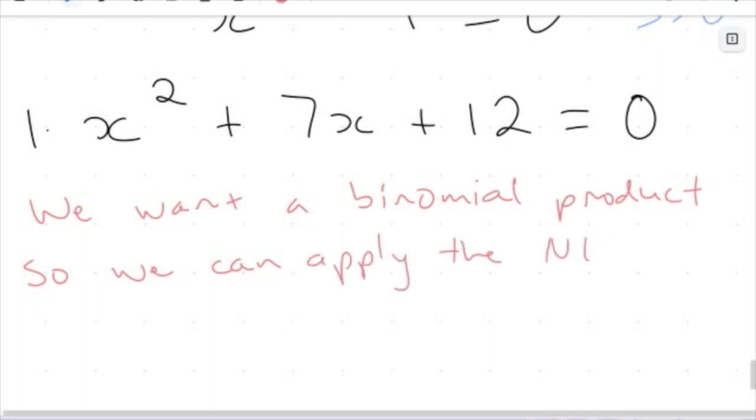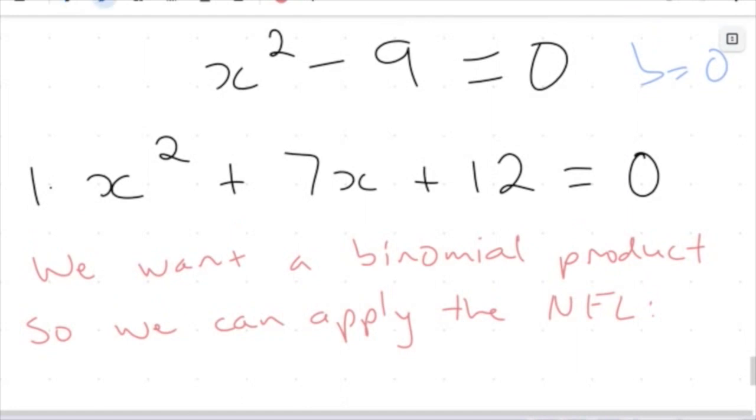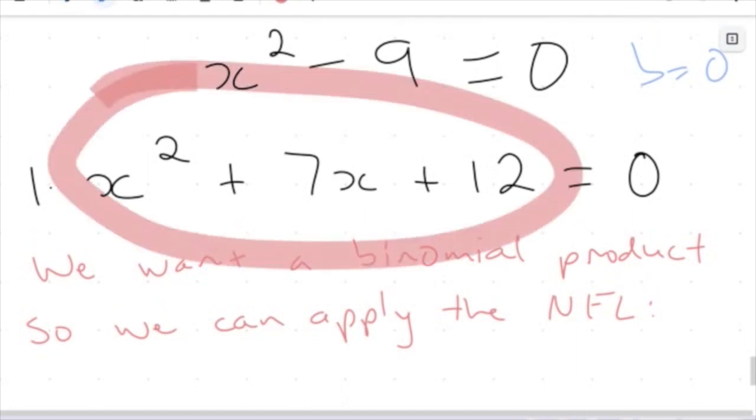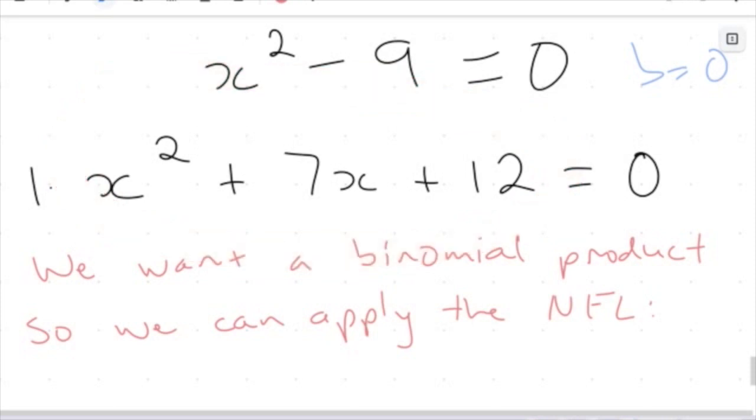I'll write this as NFL. So that means we want to factorize this on the left here into a binomial product. And we want to factorize this quadratic.